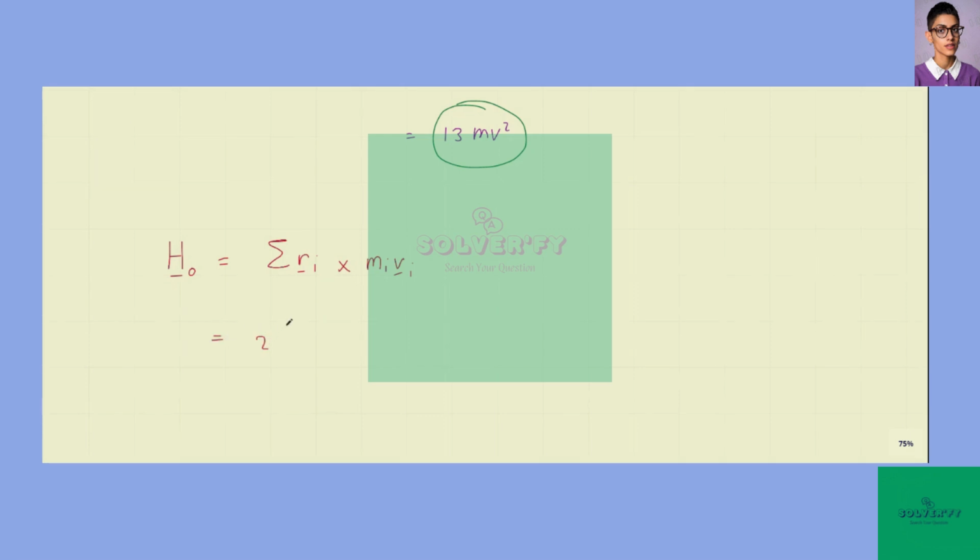And this is simply 2 mv times d times k plus 12 mv times d times I plus 6 mv times d times j.